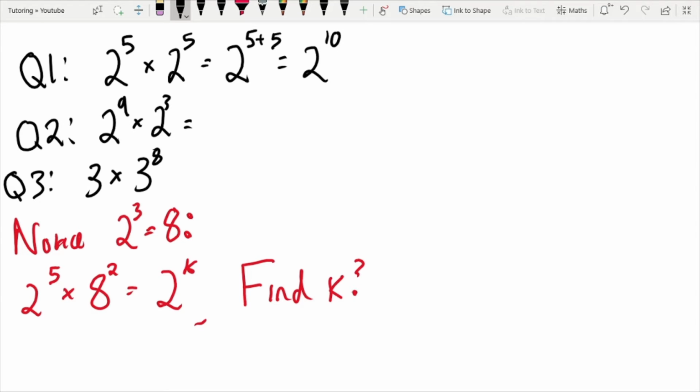For the second question, we combine the powers. 2 to the 9 plus 3 equals 2 to the 12. And, well, we don't write what the power of 1 is, or 3 is here, but we know there is a secret 1 there. So this is equal to 3 to the 9.